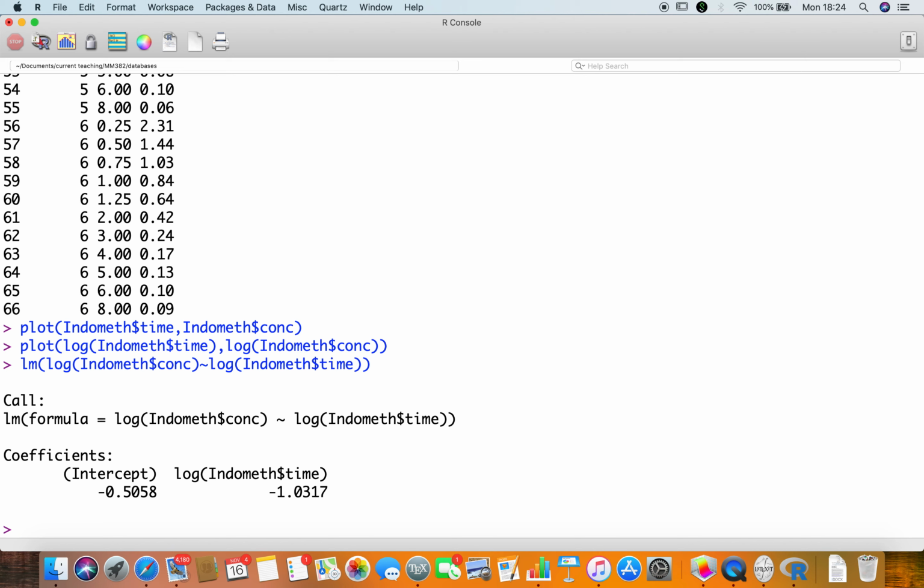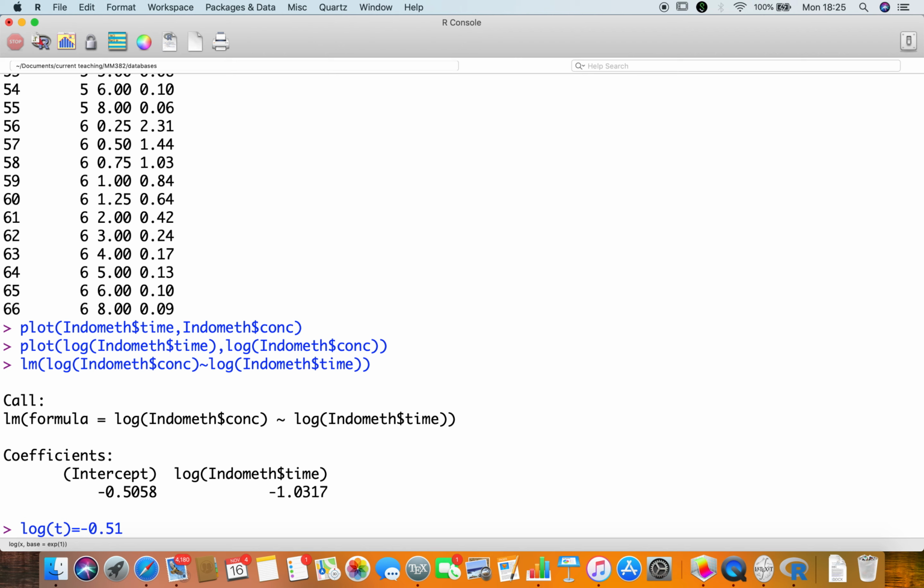Okay, so you get these two relationships. This is important now. What this is telling you is that log of concentration is equal to minus 0.51 minus 1.03 log time. I'm rounding to two decimal places, it doesn't matter.